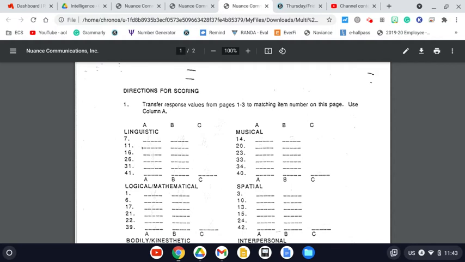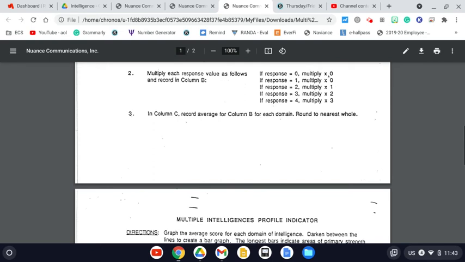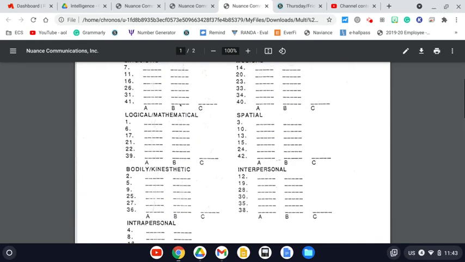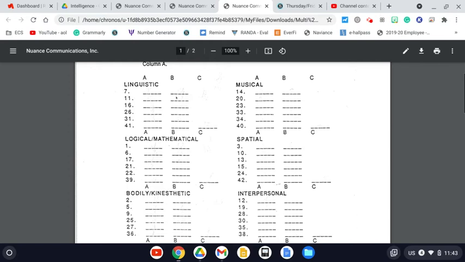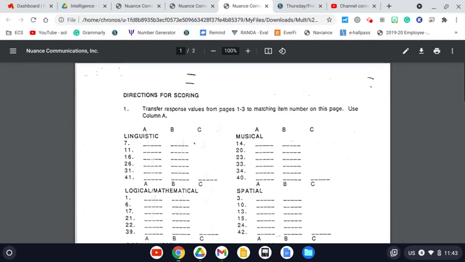So let's say for number 11, I scored myself a 0. I take 0 times 0. That's going to be a 0. I'll put 0 right here in the B category for number 11. Then, once I'm done with that, in column C, I'm going to add all of my scores from column B for this particular category, and I'm going to divide it by 6.